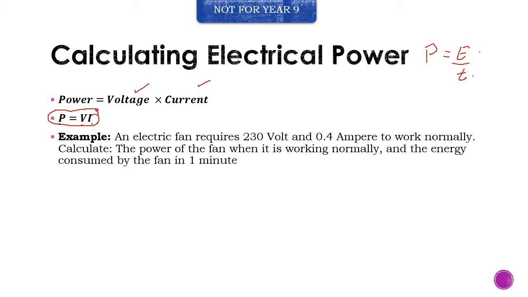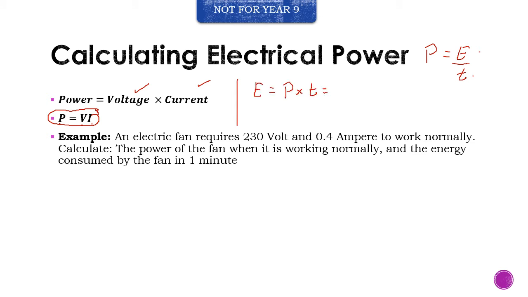But be careful about something. What if I want to calculate energy, not power? Don't forget that power equals energy over time, as written over here. If I want to calculate energy, make E the subject. So we say E equals power times time.